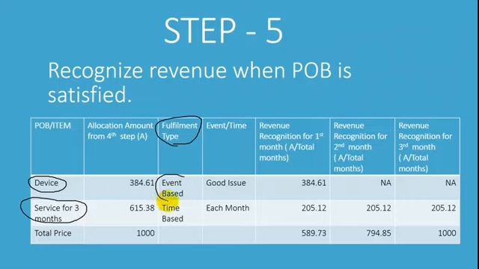Whether it is event based or time based. Okay. So for the device, it's event based. What is that event? It's goods issue. The event is goods issue. When it comes to time based, it's each month, or it's up to you whether you want to define each month or daily.